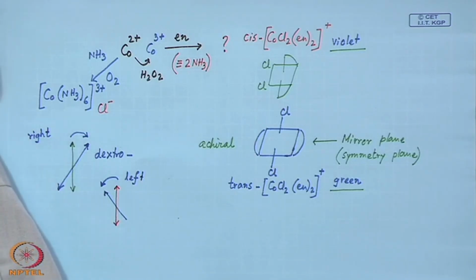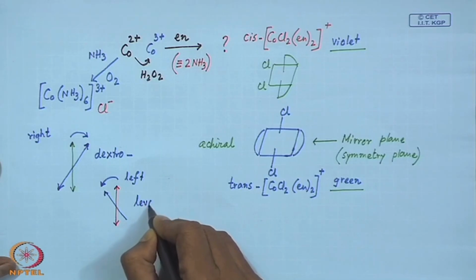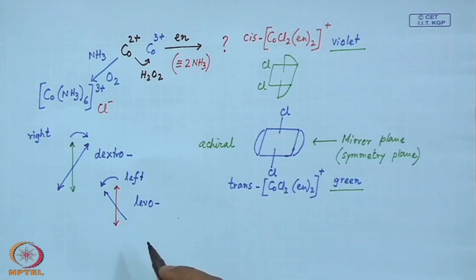The other form will be known as levorotatory, if the plane rotates towards the left. So we have the levorotatory.